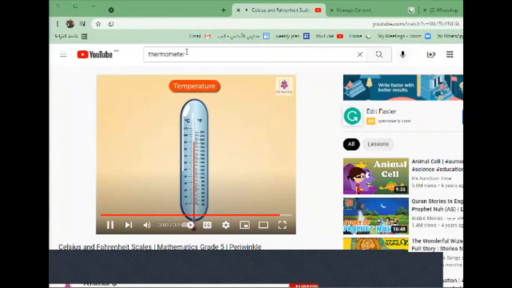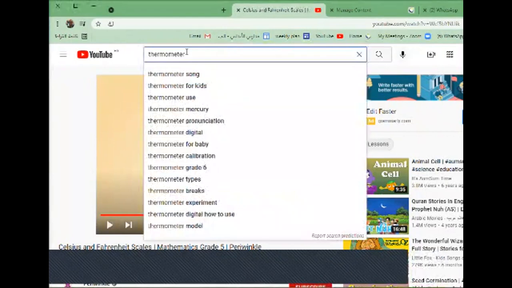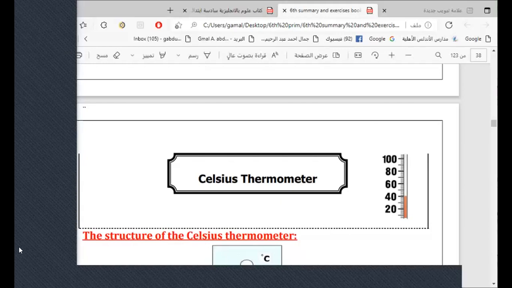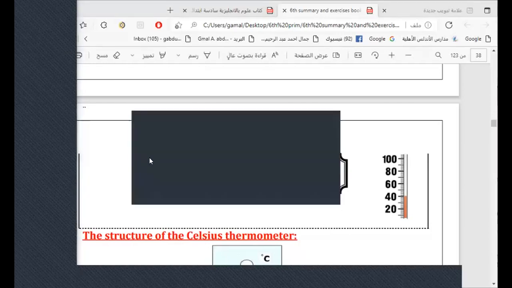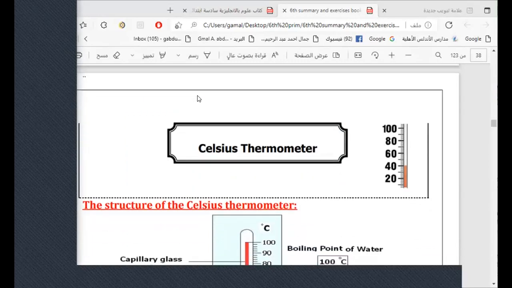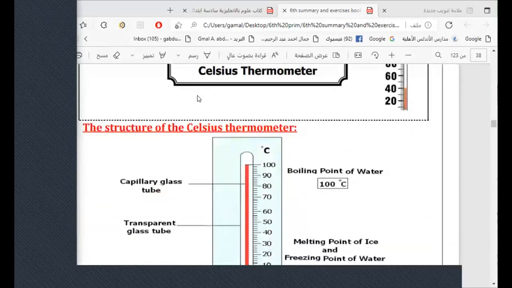Okay, my son. Now we are talking about the Celsius thermometer. As you saw in the video, we saw that the temperature can be measured by two scales: the Celsius scale and the Fahrenheit scale.